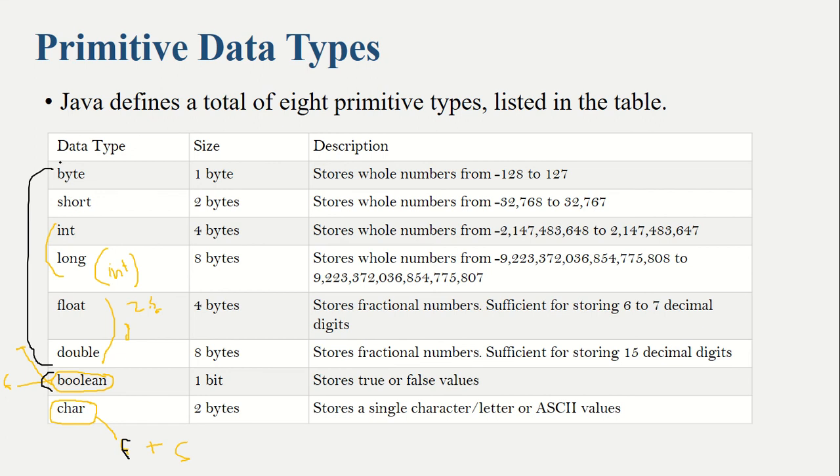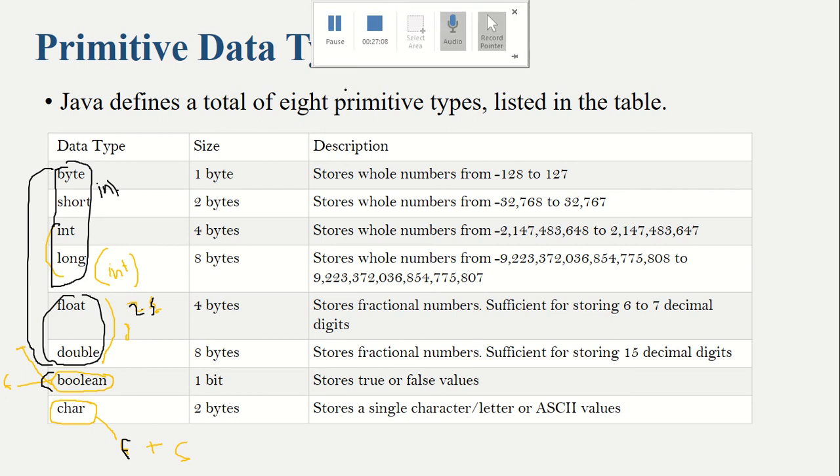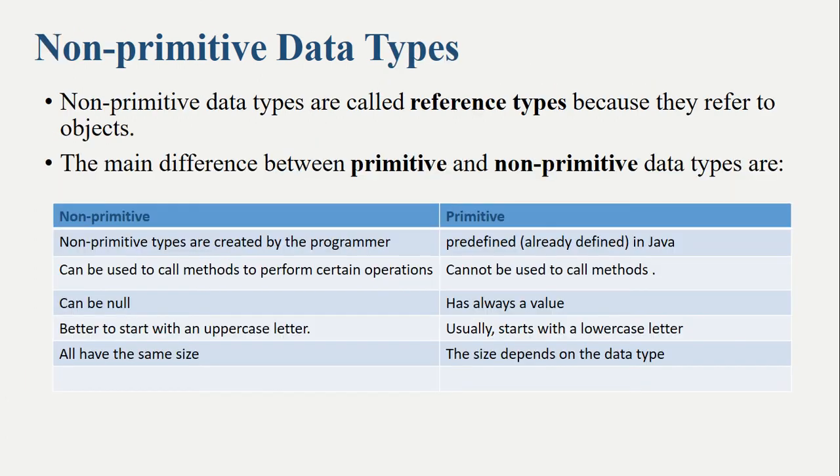These three are all integer types, taking only integer numbers. And these two are decimal, taking numbers like 2.5 with a decimal point in it. So these are the data types.